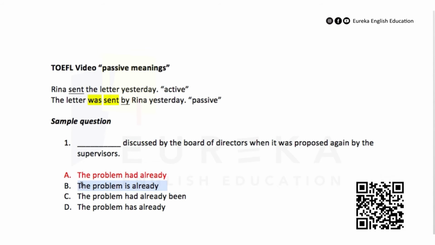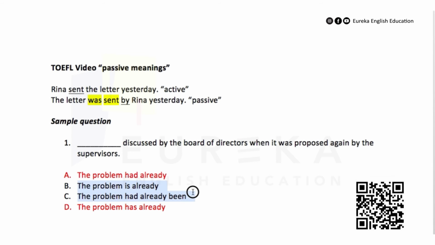So we can keep this option. In option C, there is also a to be here, which is been, and the verb discussed. So we're going to keep this option. And option D is also wrong. Why is it wrong? Because just like option A, this option has no to be or be verb. That's why it is wrong.